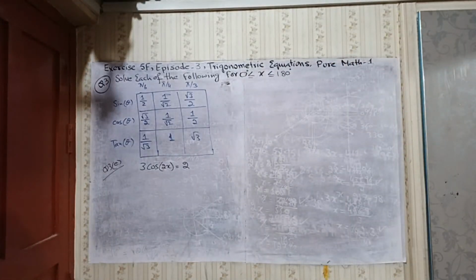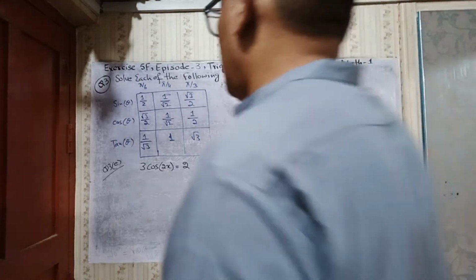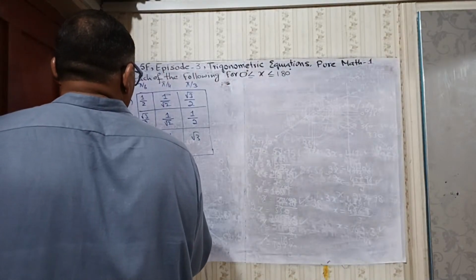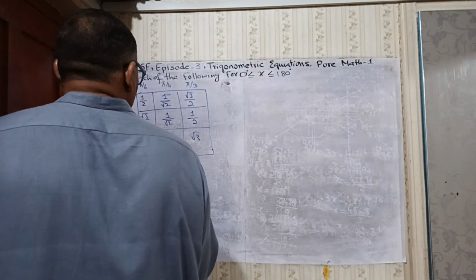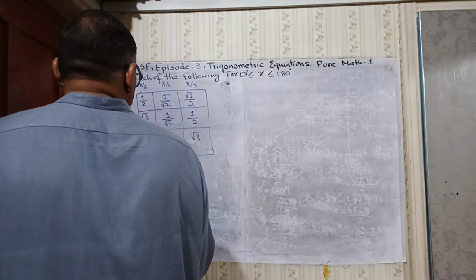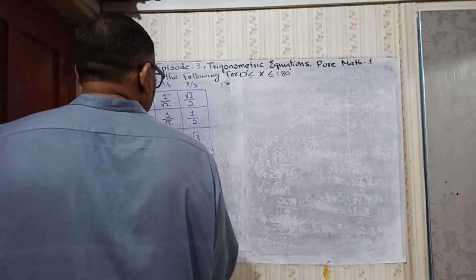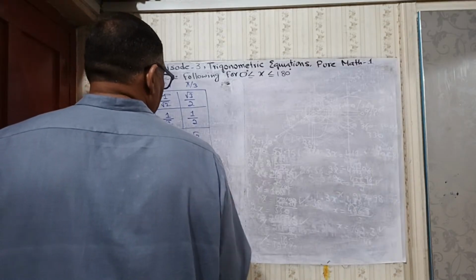So I will take this 3 to the other side first of all. So cos 2x will be equal to 2 by 3. Then 2x will be equal to cos inverse of 0.667.